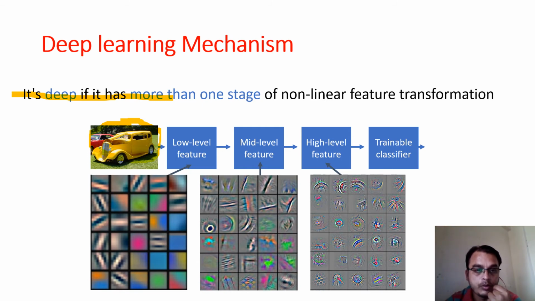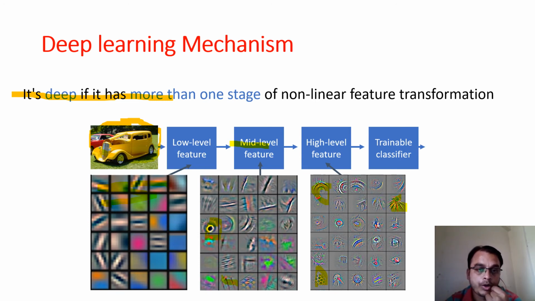Okay. Now once the edges are detected, I can go for the mid level features. What do we call mid level features? Particular details, for example a circular shape of the car, and some other shapes. Those are called mid level features. Then high level features. What do we call high level features? The mesh, the type of the tire, the front end, etc. These are the high level features.